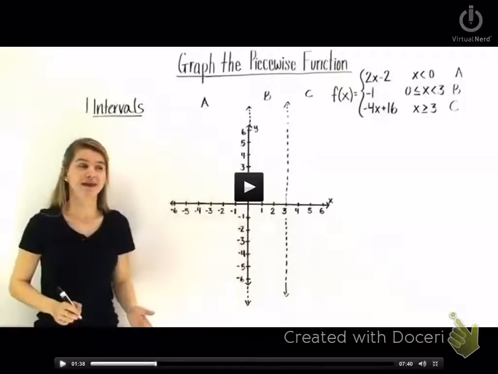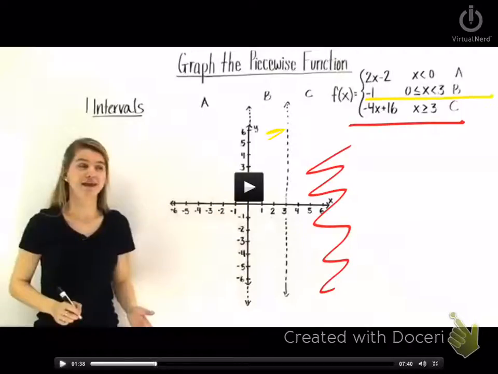When I see equation B in interval B, you will only see it in this area, the middle area on the graph. And when I see equation C, negative 4x plus 16, we will only see that right here. So there's equation C. This would be equation B. You will only see it in here.